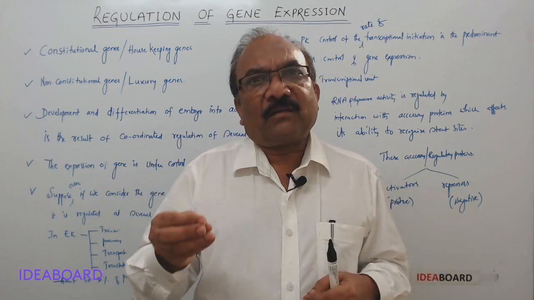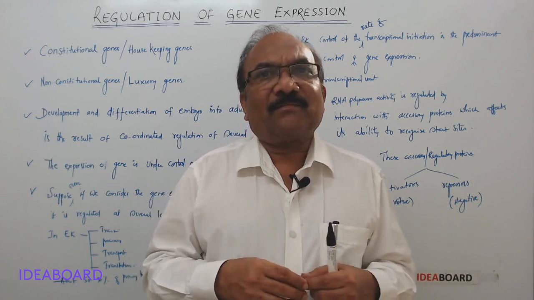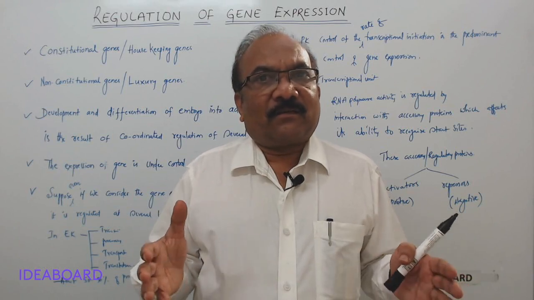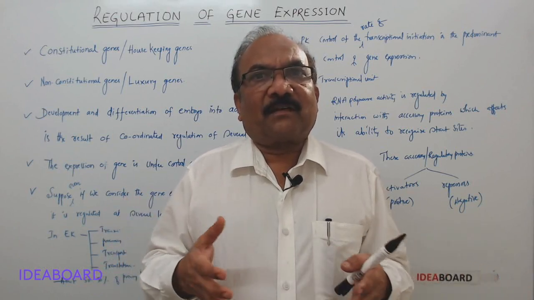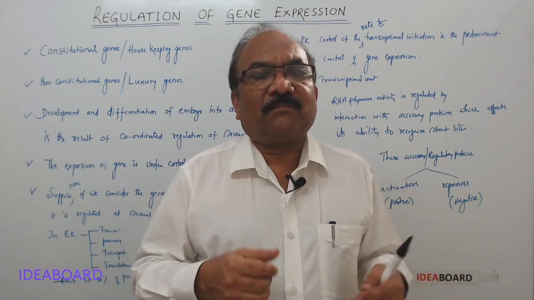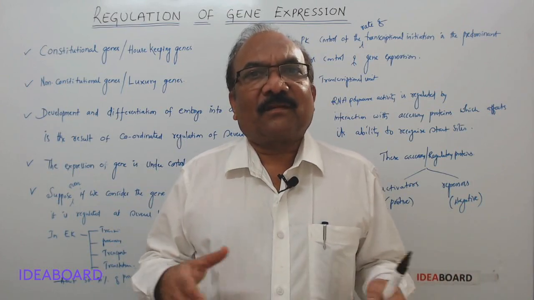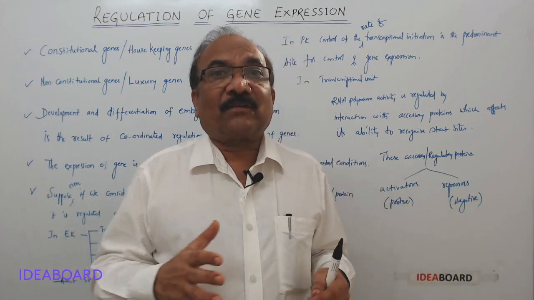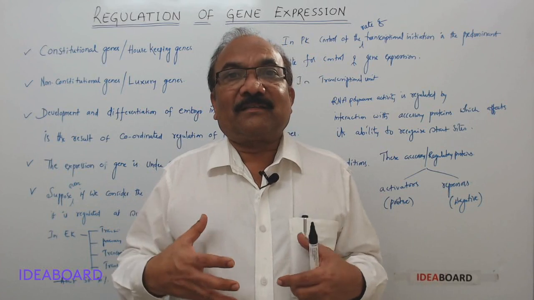Will all these genes be expressed at a time? No, not at all. If all of them were expressed at a time, there would be a traffic jam. But actually, without any mishap, this traffic goes on in the cell.